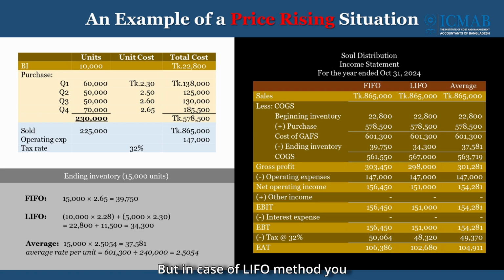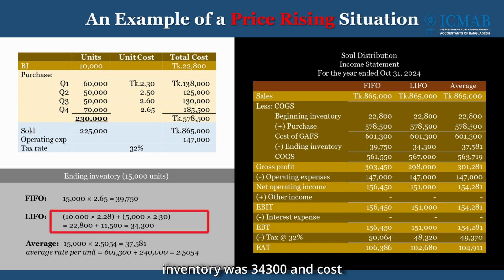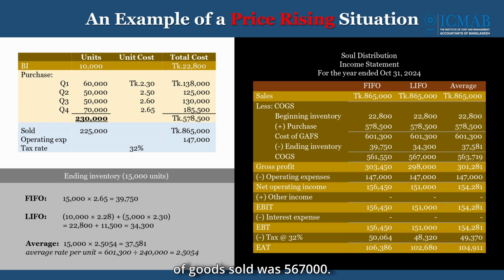But in case of the LIFO method, you find that the value of inventory was 34,300 and cost of goods sold was 5,67,000. As a result, the gross profit was 2,98,000 and under the average method, it was 3,01,281.